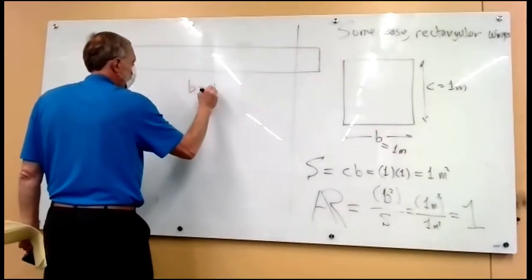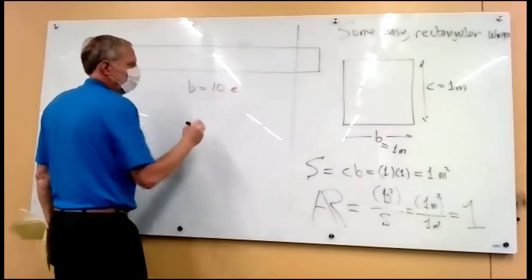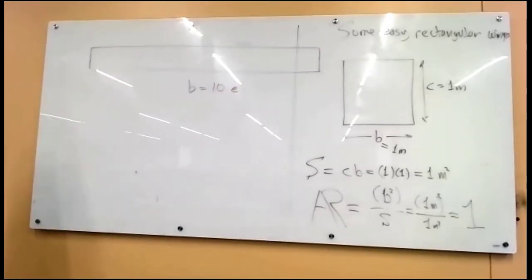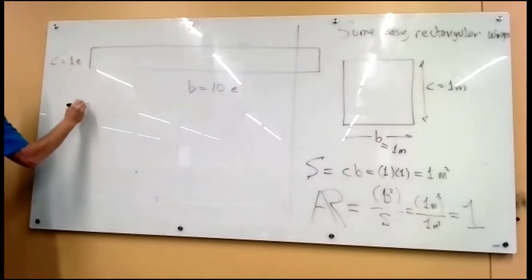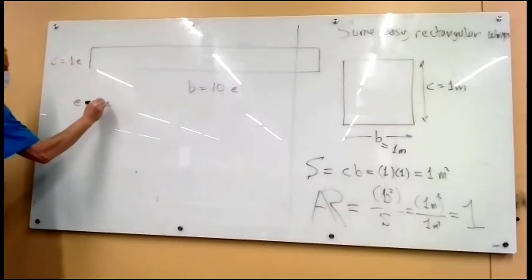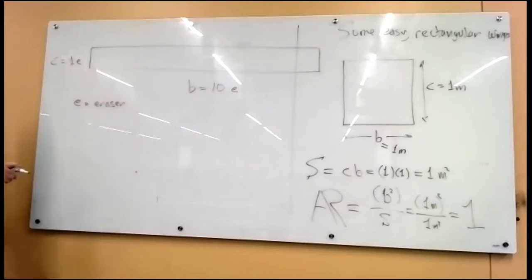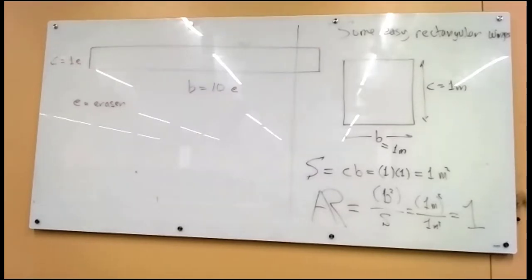So the wingspan is 10, and what are the units? Erasers. And the chord is 1E. Don't confuse E here with the charge of an electron, because we're not doing physics. Well, we're doing physics, we're not doing electromagnetics.